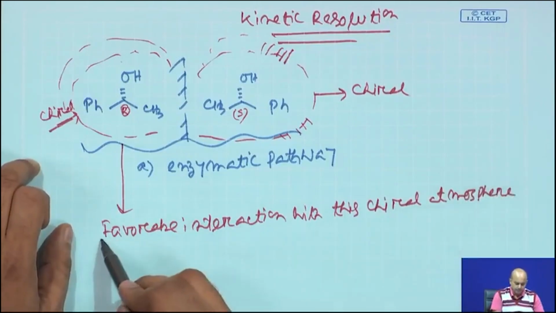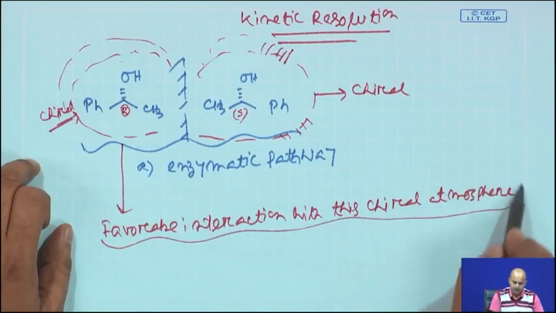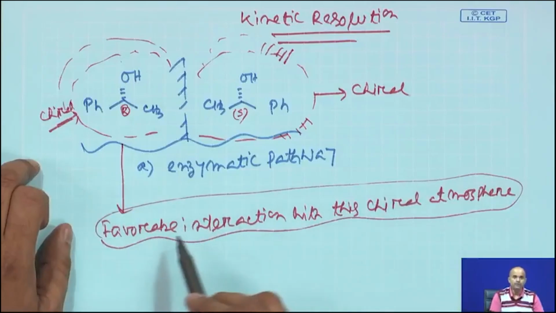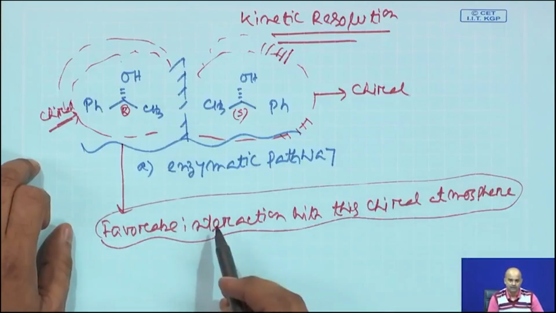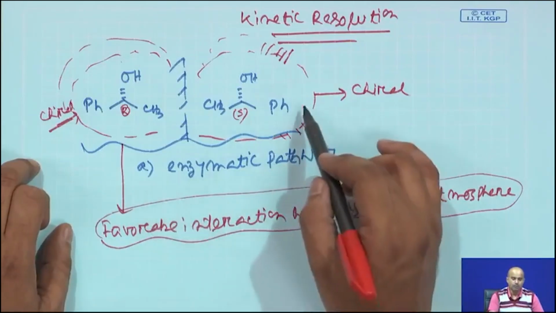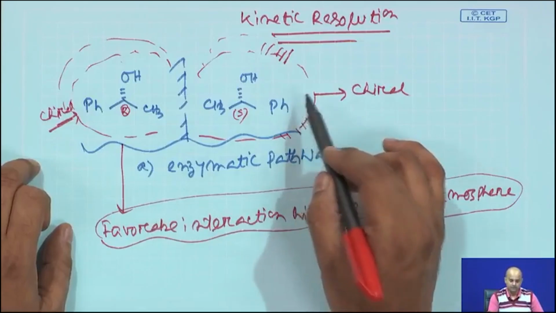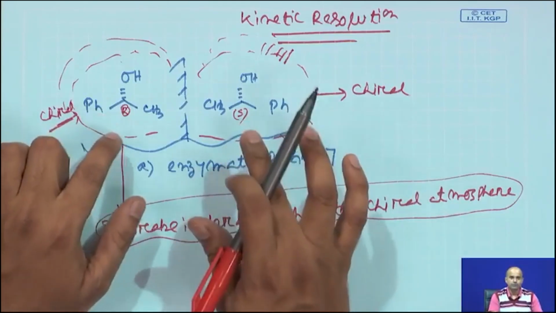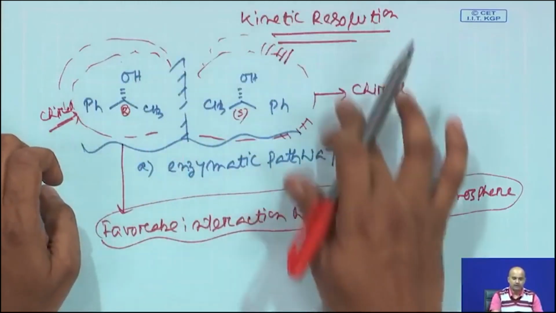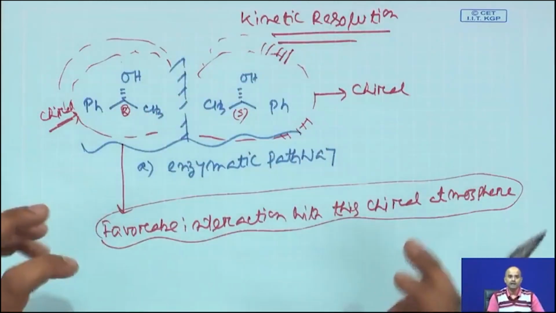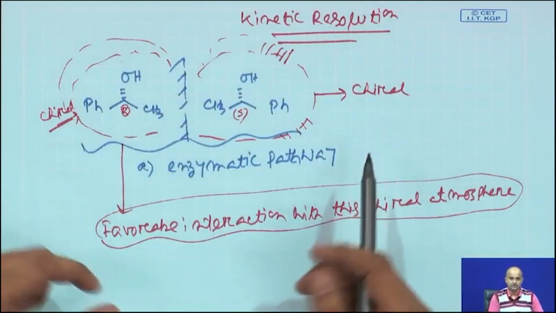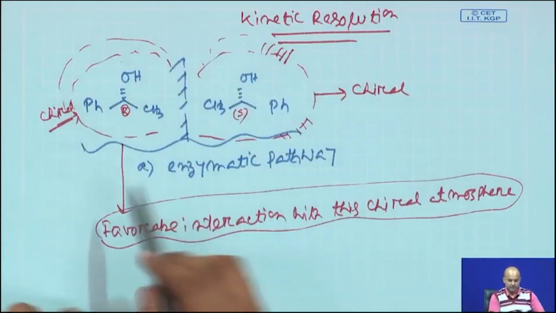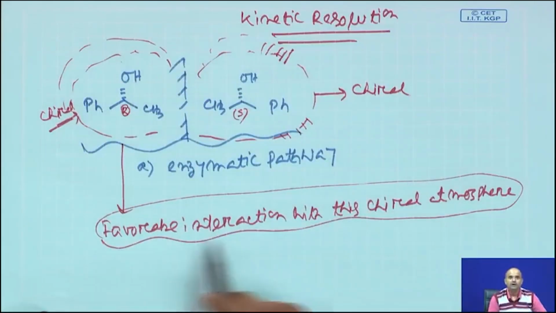Now, this favorable interaction makes sure that one of the enantiomers will react at a faster rate compared to the other enantiomer. So, basically both the enantiomers are put in a chiral atmosphere, and then through diastereo selection, you are getting the kinetic resolution.